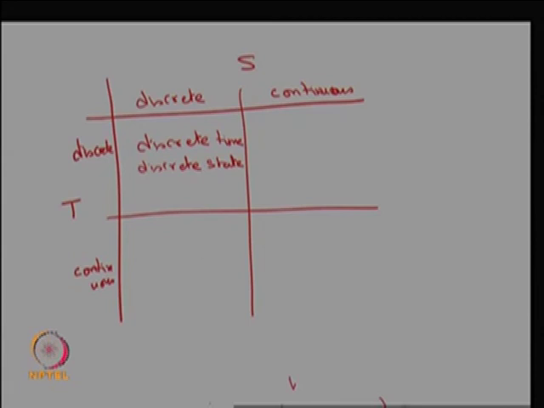Similarly, this is a continuous time discrete state stochastic process, and this is a continuous time, continuous state stochastic process. That means, based on the possible values of a capital T and the possible values of a capital S, any stochastic process can be classified into the four types, in which it is discrete or continuous, or discrete and continuous, based on the time and the state space.